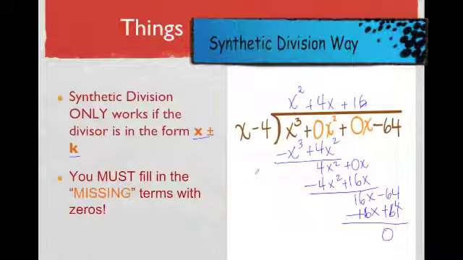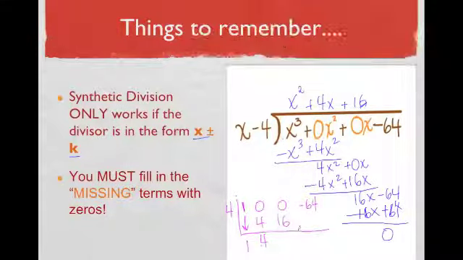Let's see what happens when I use synthetic division. I'm going to use my coefficients, 1, 0, 0, and negative 64. Draw my bar, and it's 4. So I start out every time by bringing down my 1. 4 times 1 is 4. Add. 4 times 4 is 16.